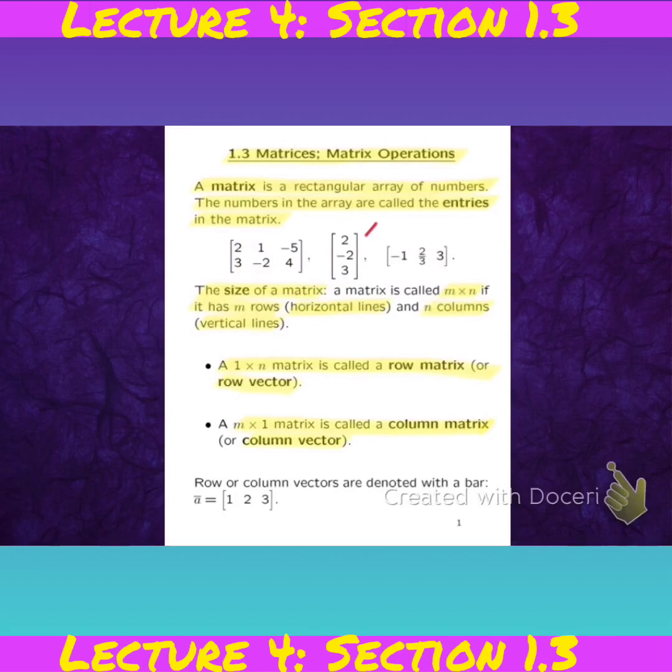In this case, it's a matrix with 3 rows and 1 column, so that's a 3 by 1 column matrix. Just one other point: row or column vectors are normally denoted by a bar, and they can be written either horizontally or vertically.